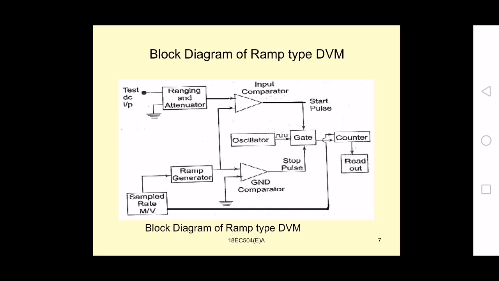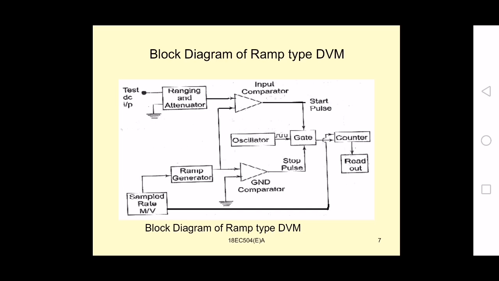Whenever there is a match between input data and ramp data, it will issue a start pulse. Then the oscillator will generate pulses that will be counted by the gate, and given to the counter, the number of pulses counted by the counter.